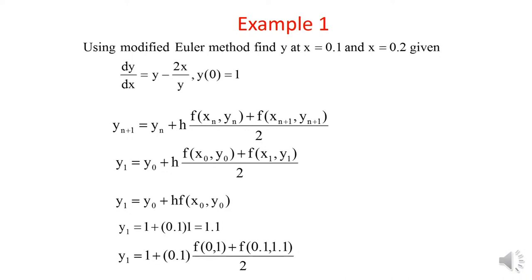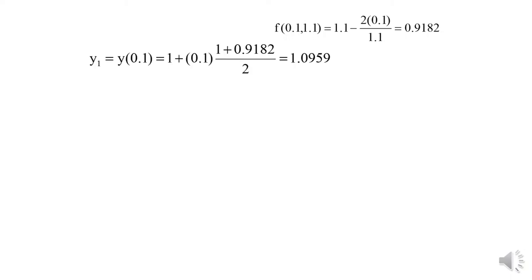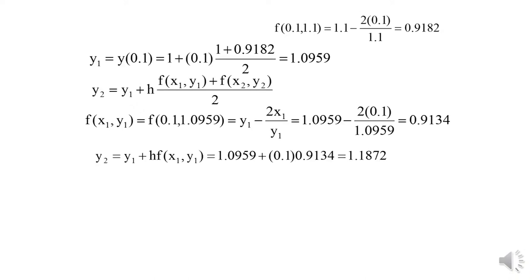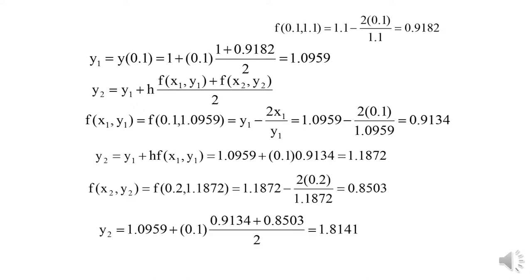We will put these points 0, 1 and 0.1, 1.1 in the dy over dx equation, and we will find out the values of the function here, and then calculate the values. So we see f 0.1 1.1 is equal to 0.9182, and the first term we have already calculated, which comes as 1. So we take the average and calculate the value of y1, which is 1.0959.